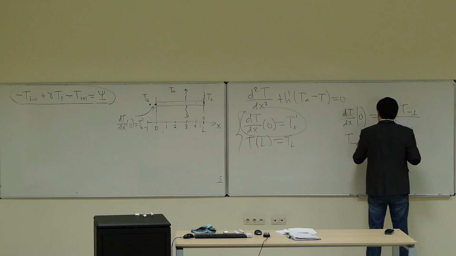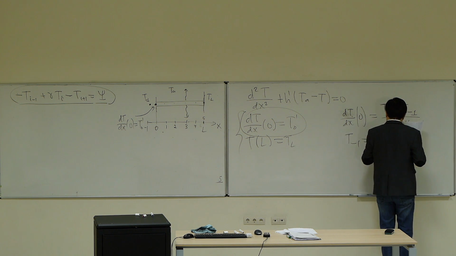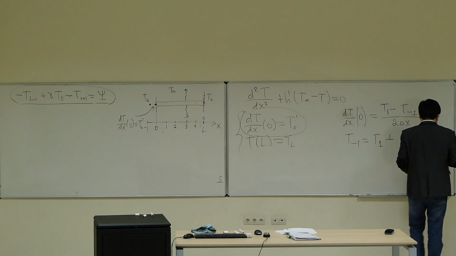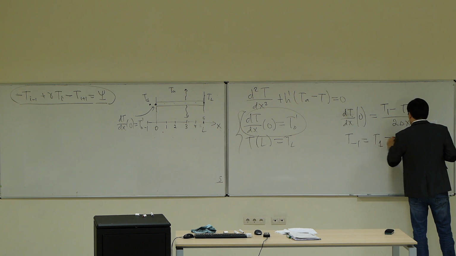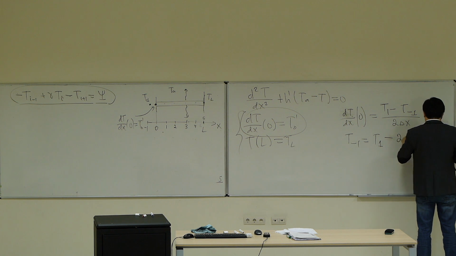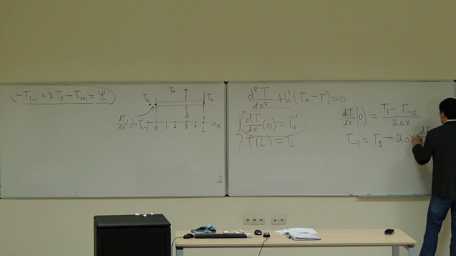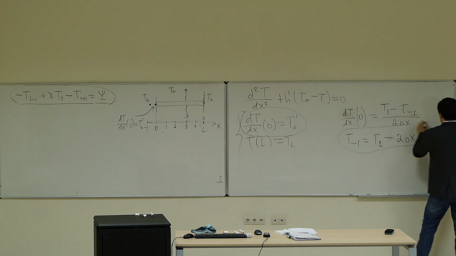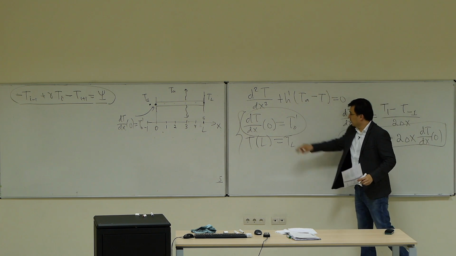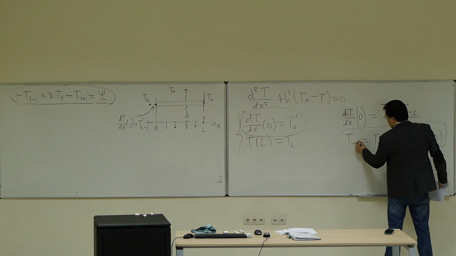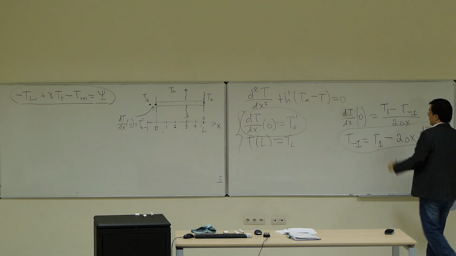T minus 1 will be t1 minus 2 delta x dt dx at point 0. All right? So using centered formula for the first derivative and this boundary condition, I estimated what should be the value of temperature at my imaginary point.